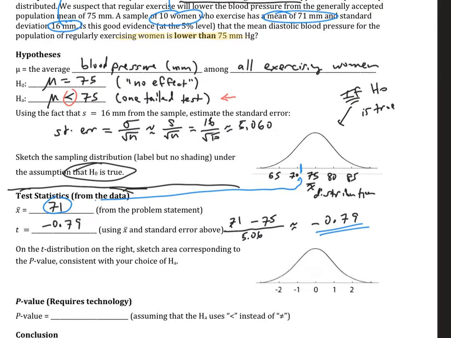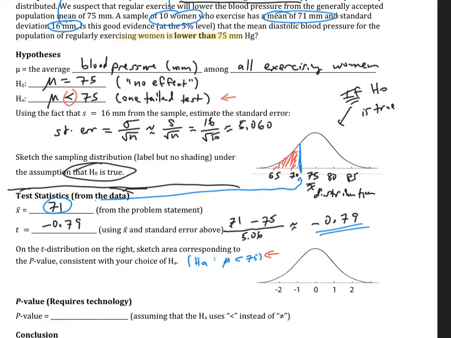The part that we really have no way of doing without some kind of technology is the part where we're shading the stuff. So because the HA is a less than statement, that means we're going to shade to the left. So my shading in this picture would be to the left of 71.